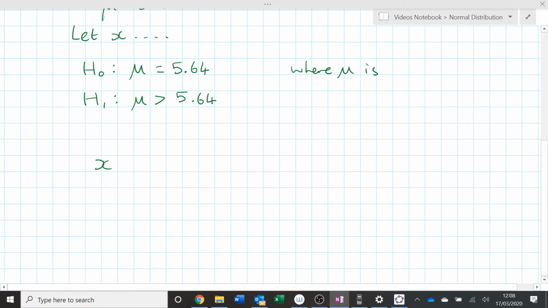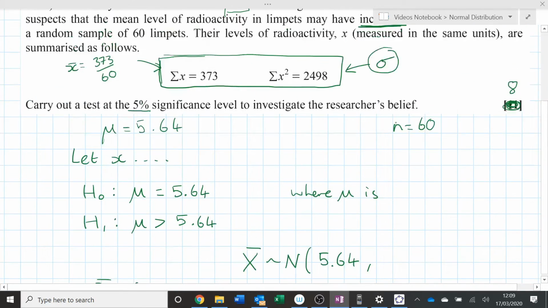My x bar is 6.217. My sampling distribution is going to be normally distributed with an average of 5.64. We always just put the population one in there. And my standard deviation, I'm not going to waste time, I'm going to calculate it, and I think it is about 1.7.